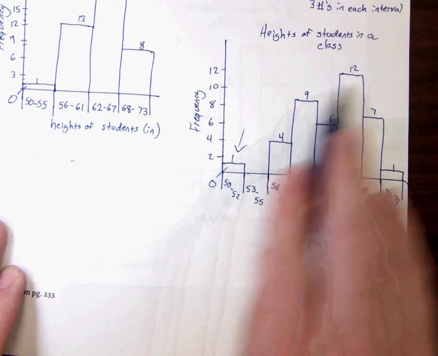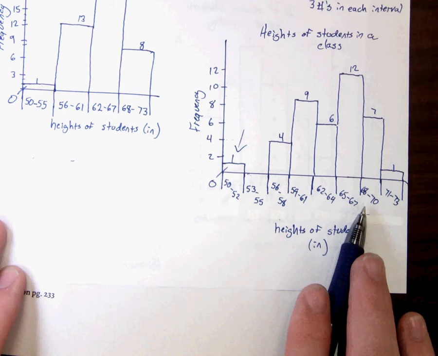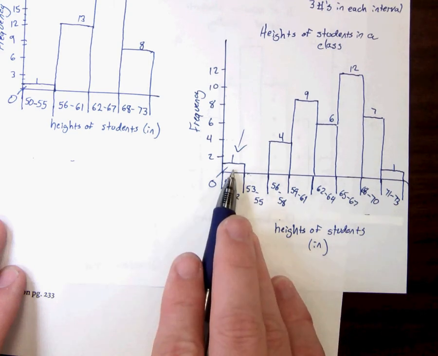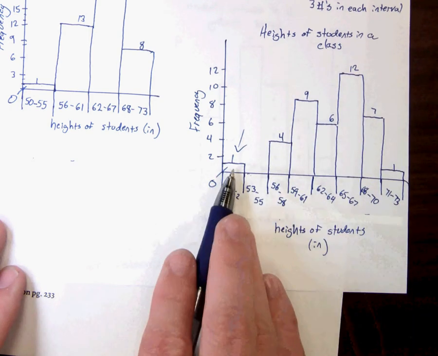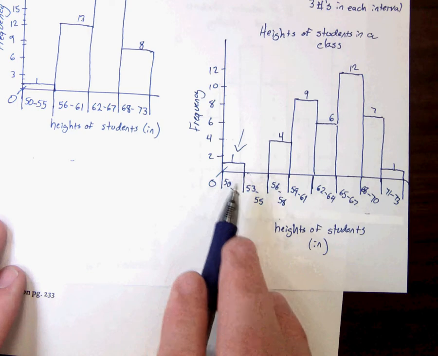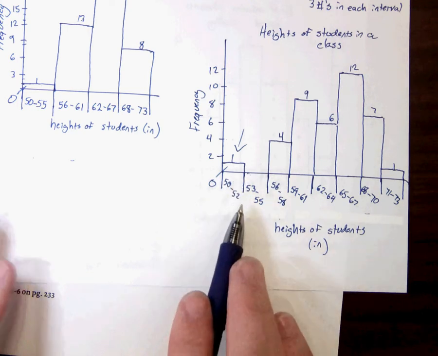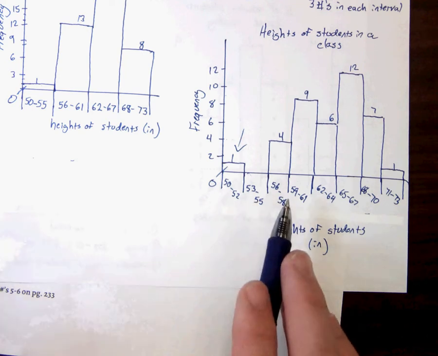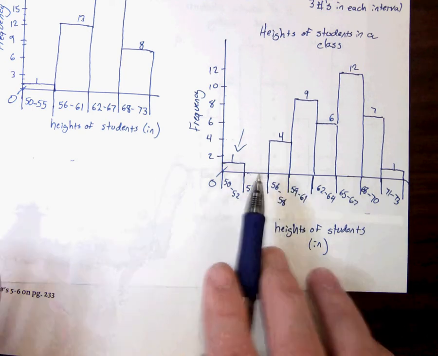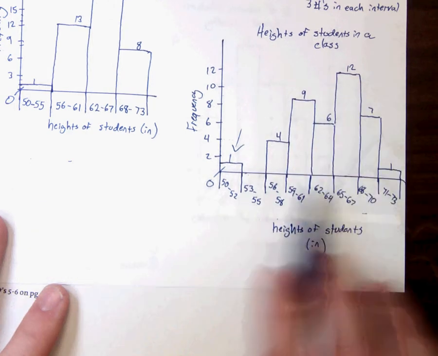They don't really fit with everybody else. We have no idea why this kid is 50 to 52 inches tall. Maybe he just hasn't hit his growth spurt. Who knows? There could be so many reasons why he doesn't fit with the rest of the class. But the point is, he lies outside of the data, so we call this an outlier. It just lies outside of everything else.